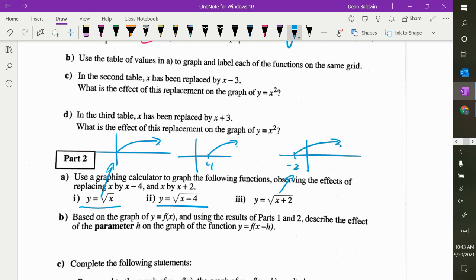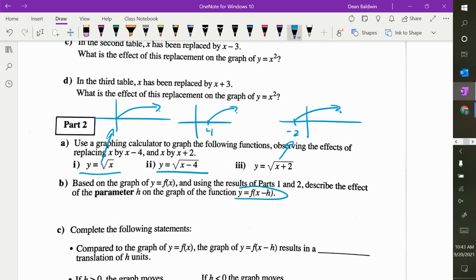Boom. So this is called an H value by this book. Last year you would have called it P, because it was in with the x. It doesn't matter the variable or the letter they assign to it. It's location. If it's in with the x, it moves the graph left and right. So H moves the graph left to right.